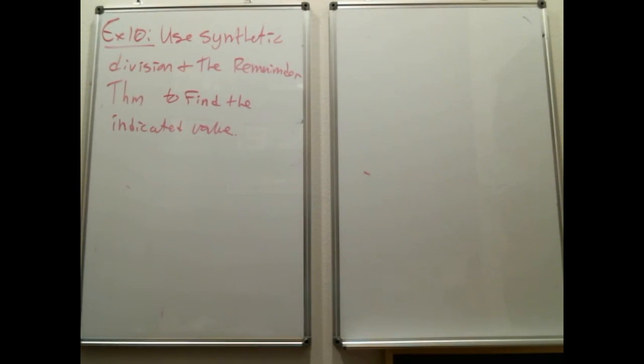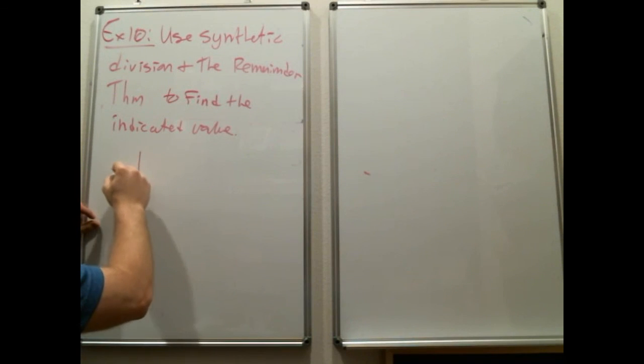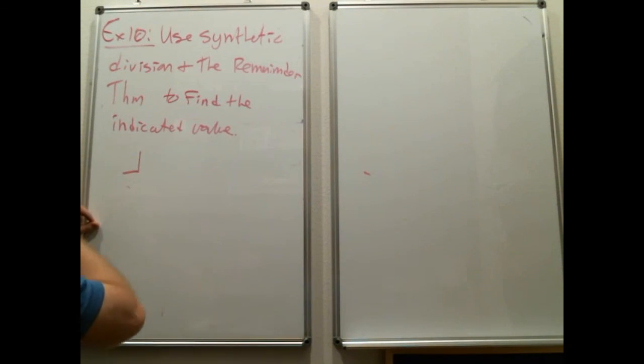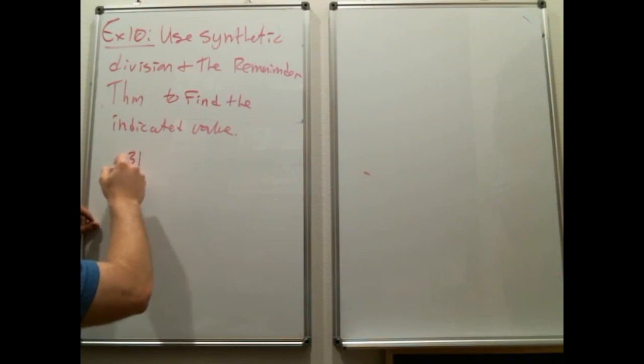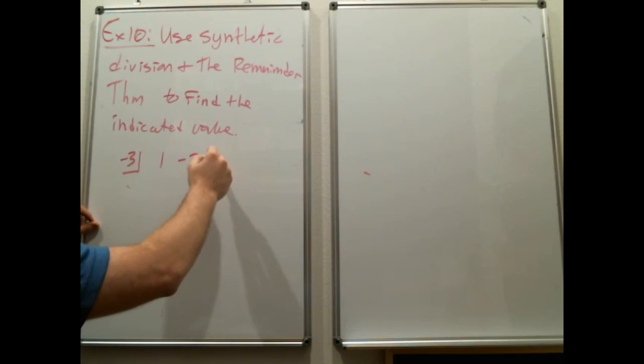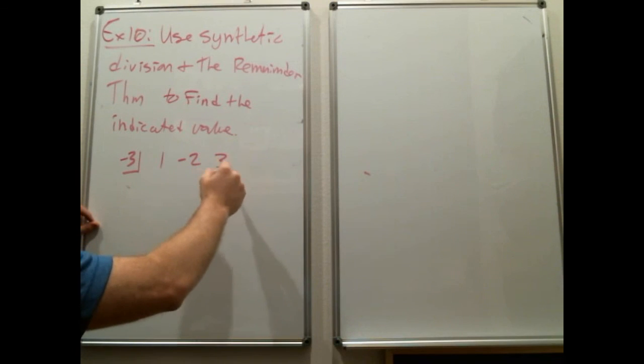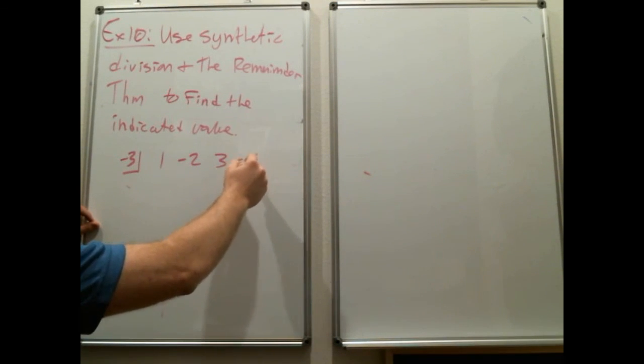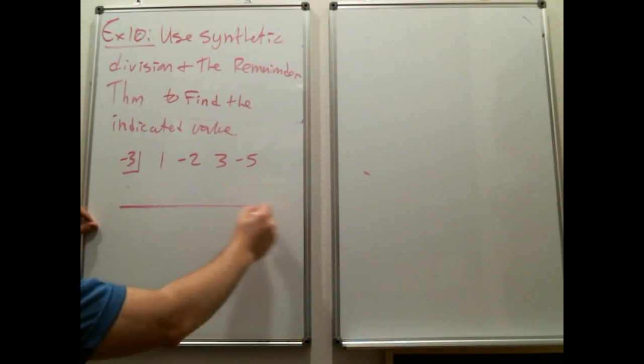Alright, so this is roughly what they'll say online or on the final, and this is kind of how they'll have it laid out. Let's say this is -3, 1, -2, 3, and -5. Now I'm just making up numbers here.